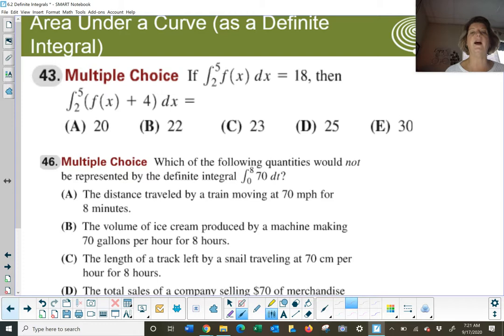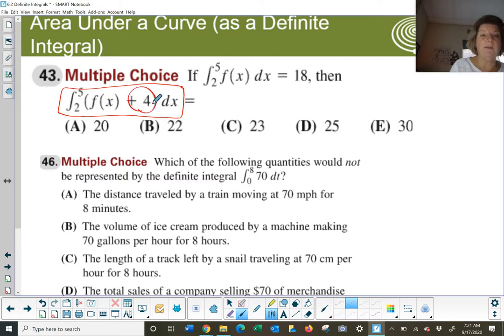Multiple choice, the integral from 2 to 5 of f of x dx equals 18. Then what happens, this is some of those properties of integrals. So what happens if I go f of x plus 4?